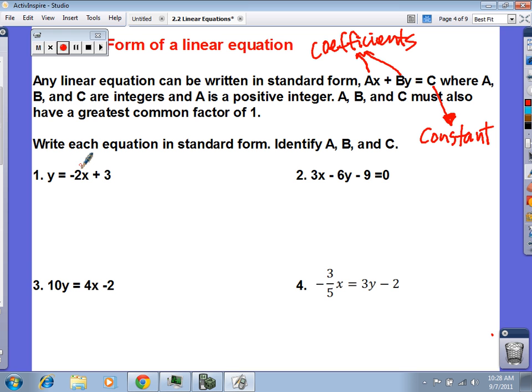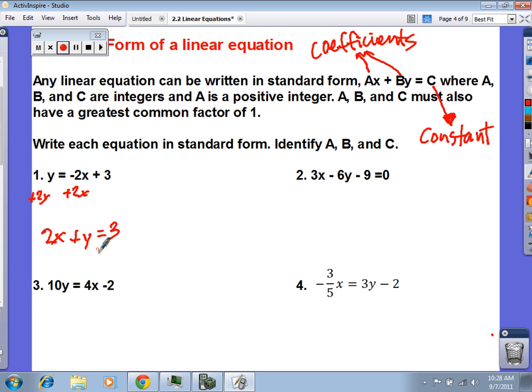Let's move these x's over. Let's add 2x on the left. Let's add 2x on the right. And they want it alphabetical. They want your x's first. So it's going to be 2x plus y equals 3. Does that look like our standard form? Ax plus by equals c.